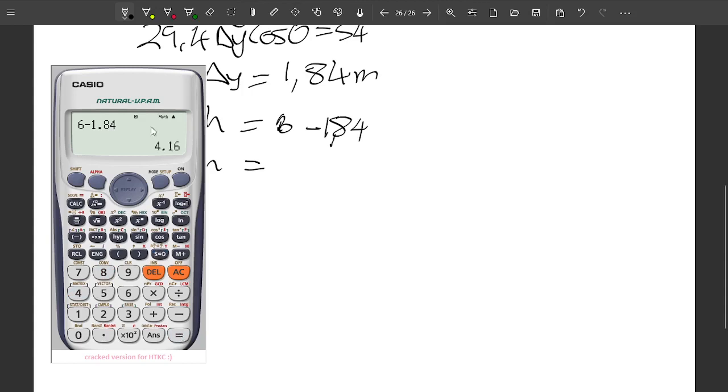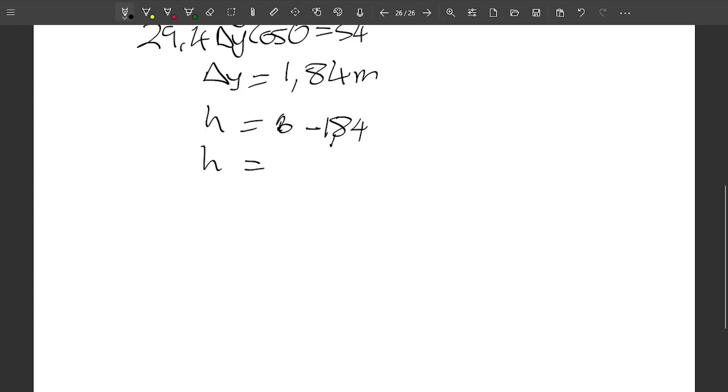I got 4 comma something, 4,16. So we have 4,16 meters for that question. Beautiful, isn't it?